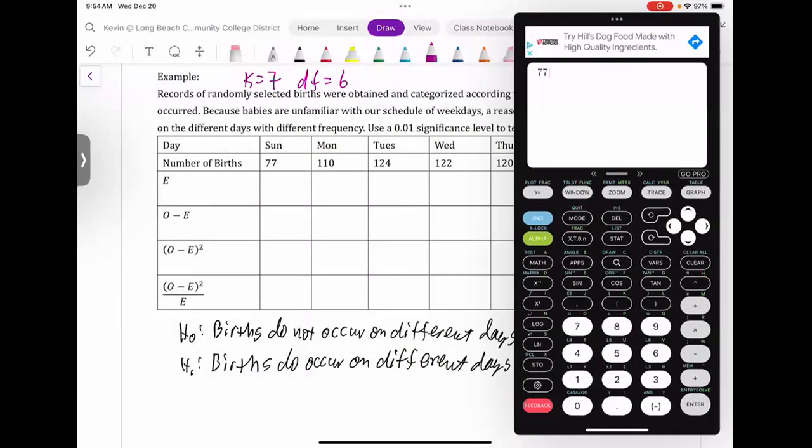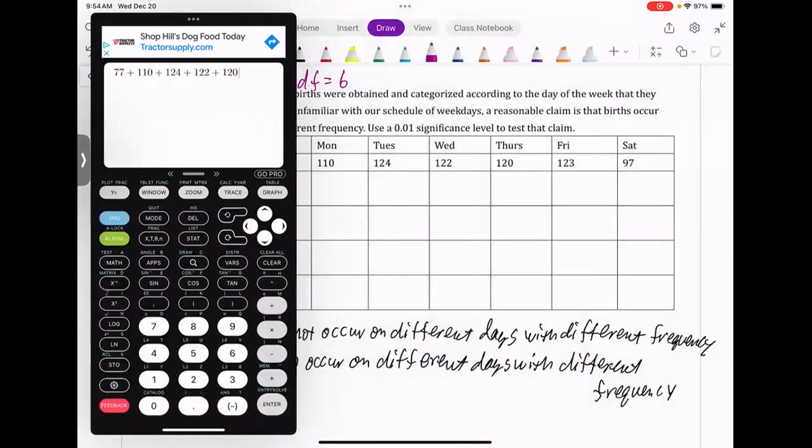So 77 plus 110 plus 124 plus 122 plus 120 plus 123 plus 97. So I'm getting that N is 773. Now the proportion is 1 in 7, is what we're going to expect. So our expected value is going to be 773 divided by 7.